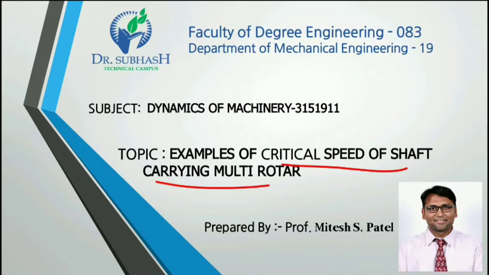Let us recall what the critical speed of a shaft is. It is one particular speed of rotation of the shaft. At that speed, the vibration of the shaft is very high. Why does this happen? Due to resonance.